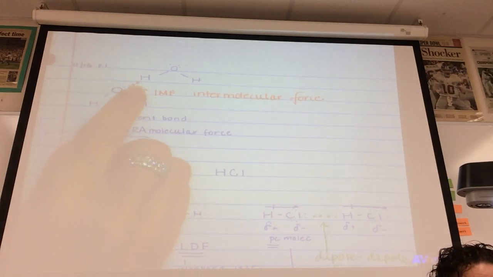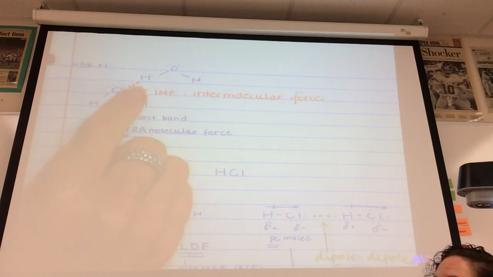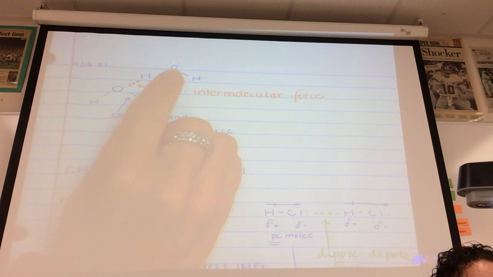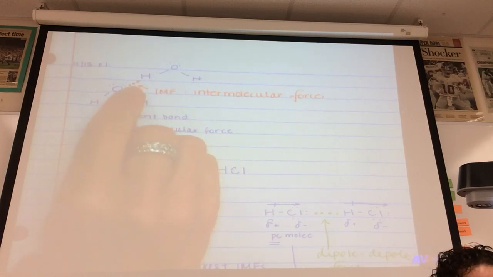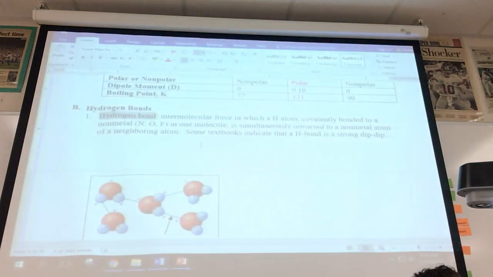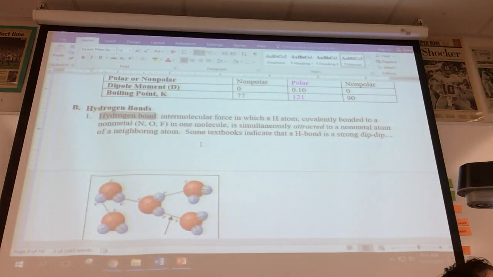A hydrogen bond is formed between a hydrogen covalently bonded to an O, an N, or an F, highly electronegative atoms, and an O, N, or F on another compound. And water is the perfect example of hydrogen bonding and gives rise to many of its properties.